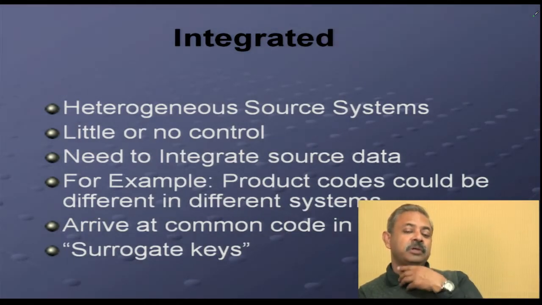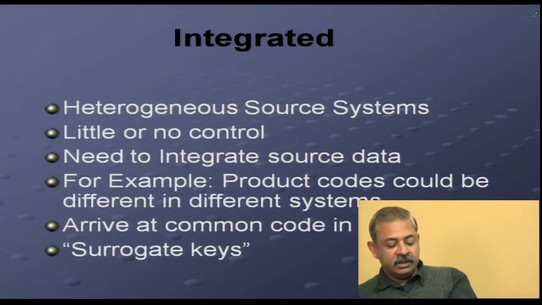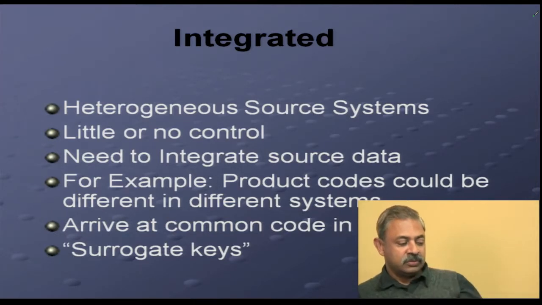Take a product like an iPhone 5S, 16 GB. In one of the systems its code, which we typically call the SKU, is different, and in another system it is different. So I would need to reconcile these two things together and arrive at a common product code in the data warehouse. So that's what we do.